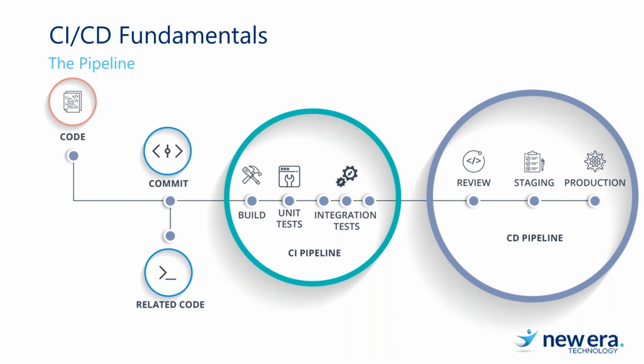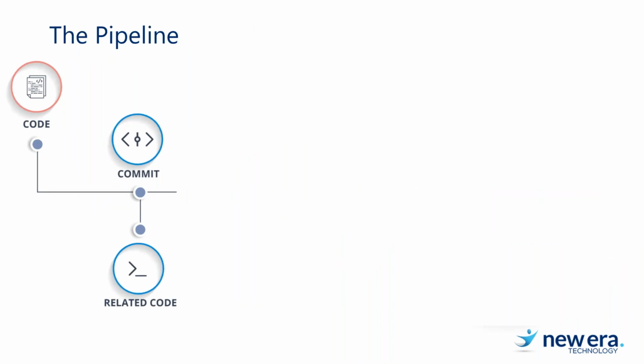There are also integrations that the pipeline service providers offer with other tools within the software development ecosystem. And what's cool is the pipeline itself can be versioned in version control, as there are templates that describe how the pipeline works. So here we can see the code, the commit, and the related code.